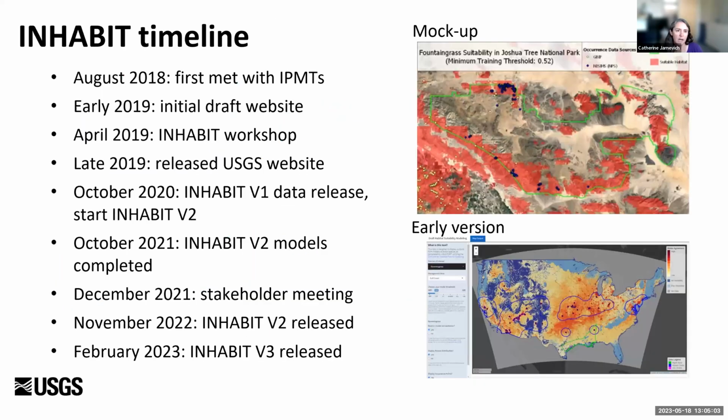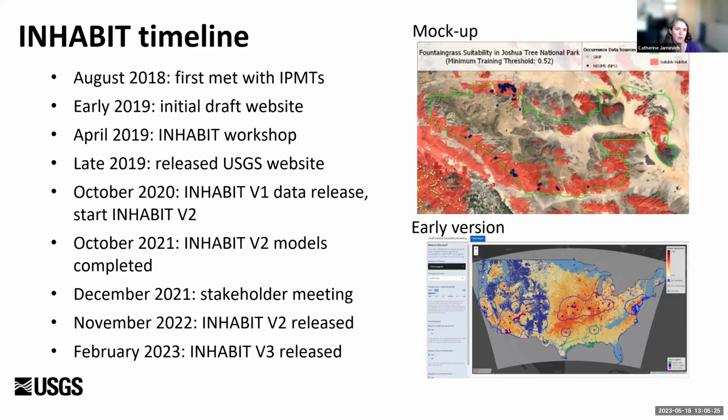And INHABIT really started from my research group at USGS sitting down with the National Park Service invasive species coordinators and talking about what kind of expertise we had within our group and what needs the Park Service, and particularly the invasive plant management teams that they have, really needed.